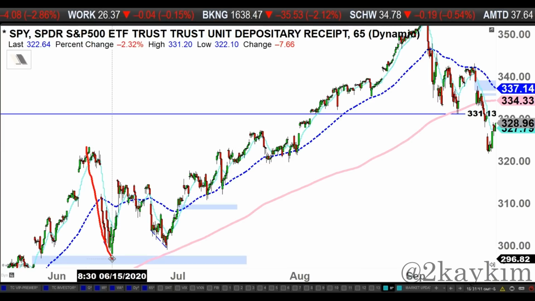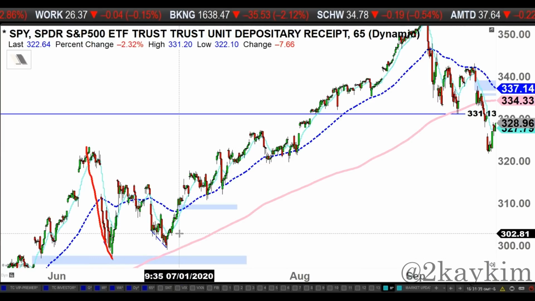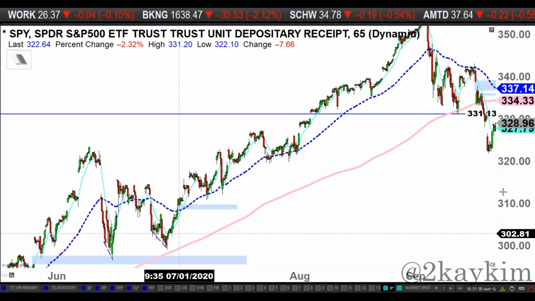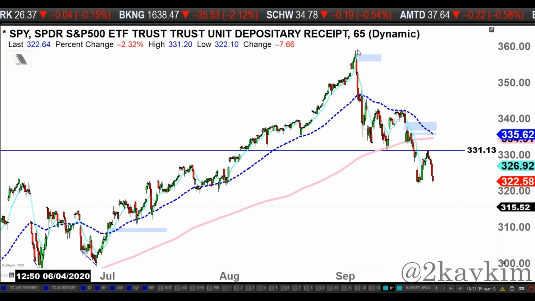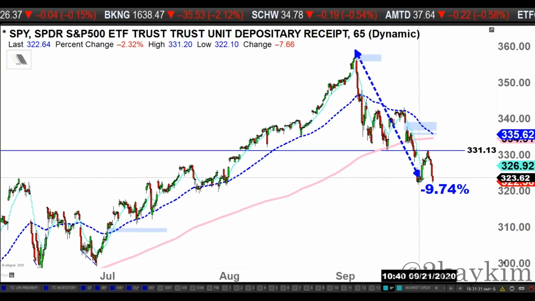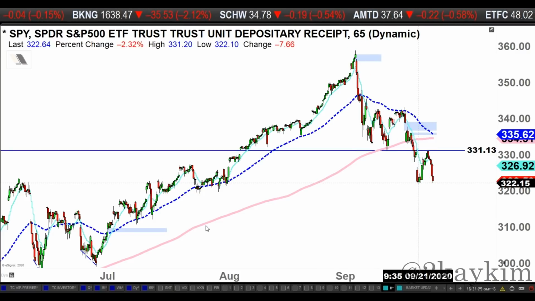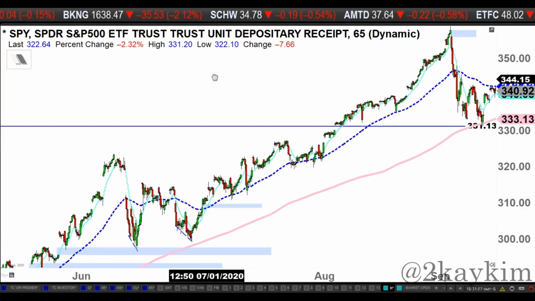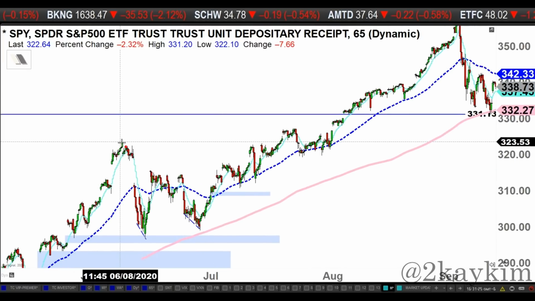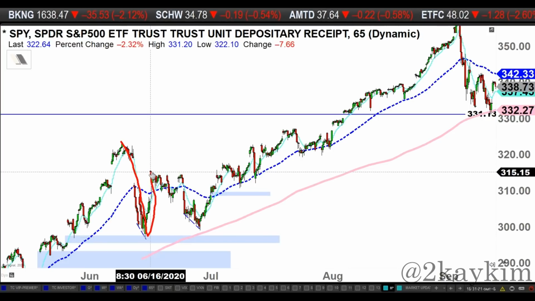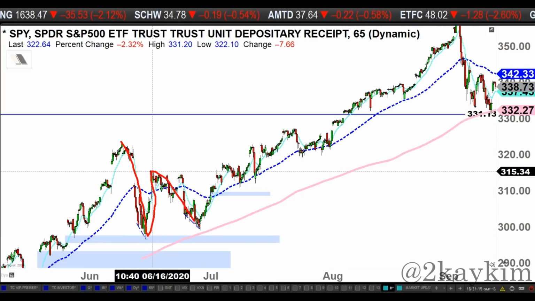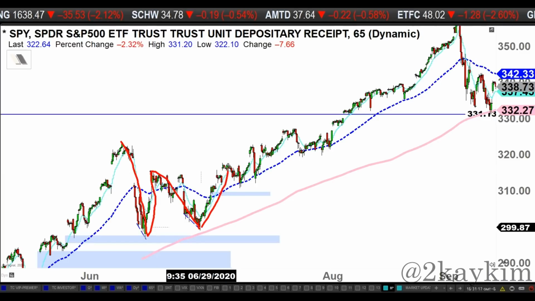I think there was an 8% correction. We're currently suffering about a 10% correction on the S&P. Let's see. Yes, that's a 10% correction. And in June, actually, this was 8%. You see how quickly we got back above my midterm moving average, came back down, and then got right back up here.